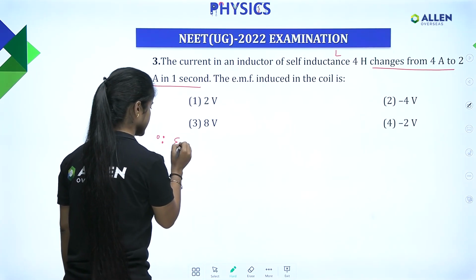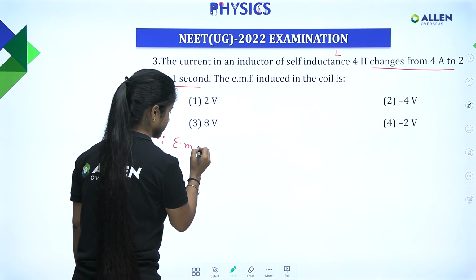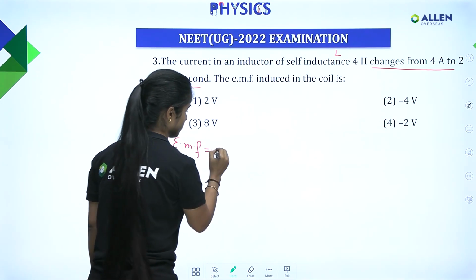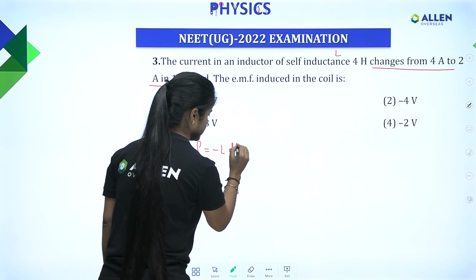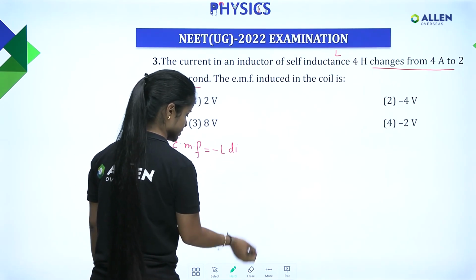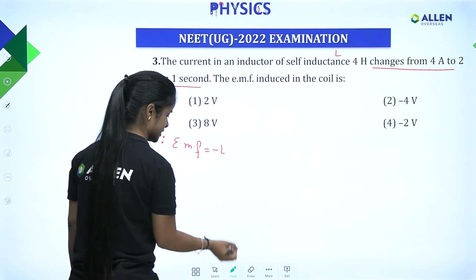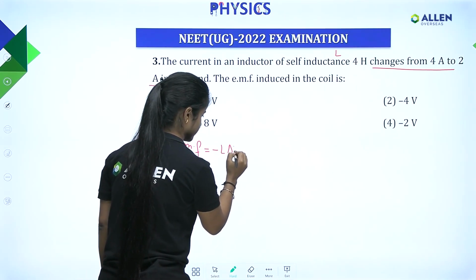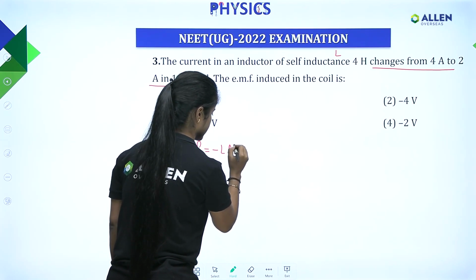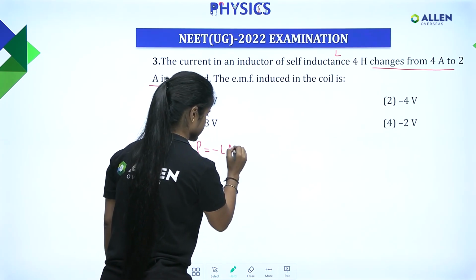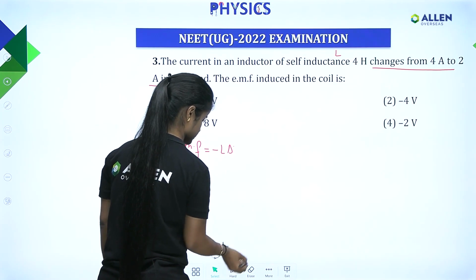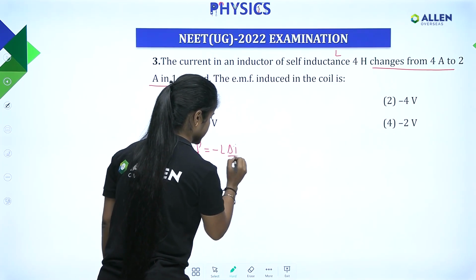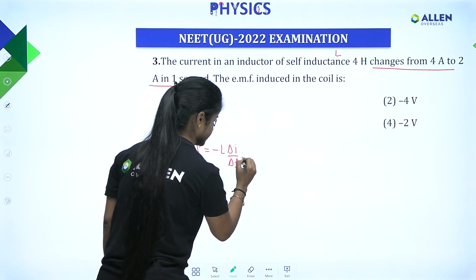Since EMF equals minus L di by dt, it's better to write delta I by delta t, right?